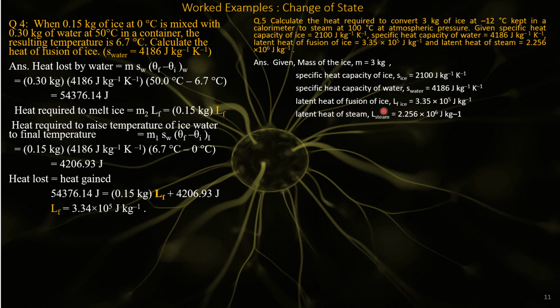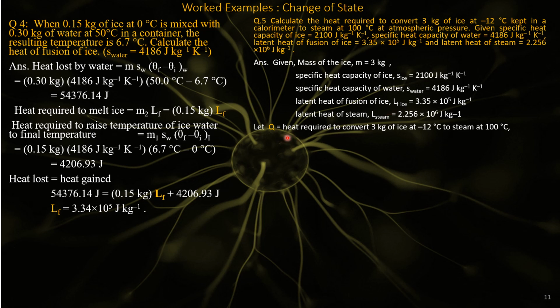Latent heat of fusion of ice, LF ice, is equal to 3.35 into 10 to the power of 5 joules per kg. Latent heat of steam, L steam, equals 2.256 into 10 to the power of 6 joules per kg. So pause the video and note down all these steps.